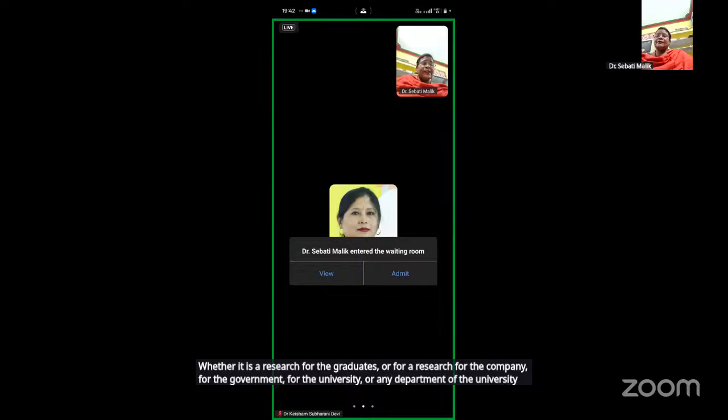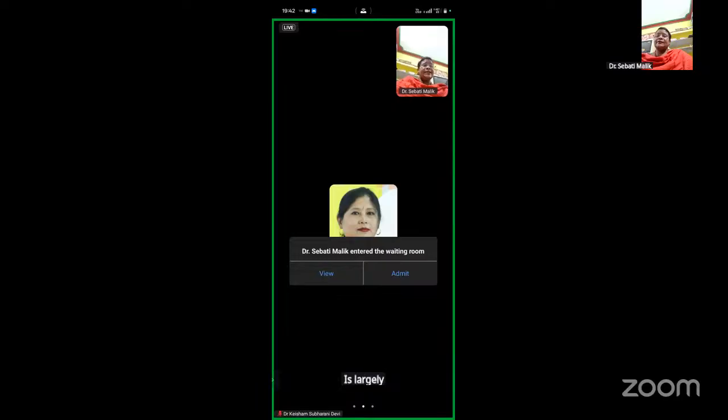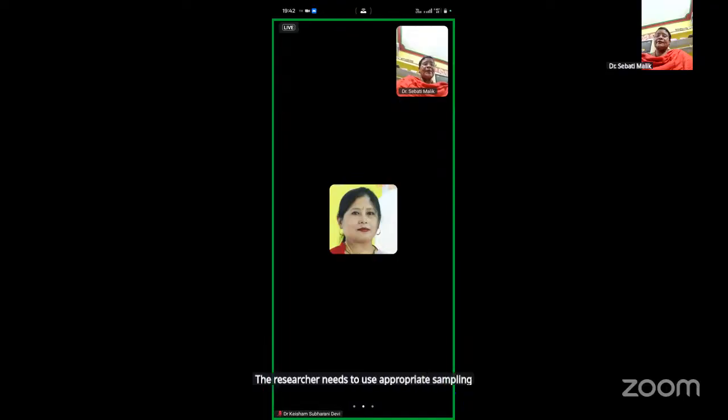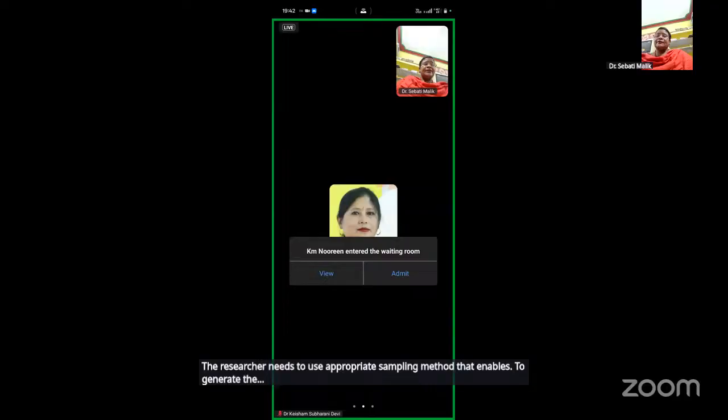So again it depends. Selection of the sampling technique is largely conditioned by the problem statement and broad objective of the study. The researcher needs to use an appropriate sampling method that enables generating the research evidence.